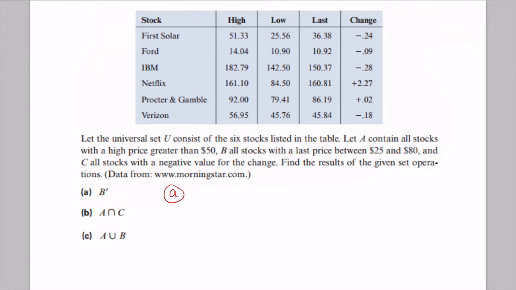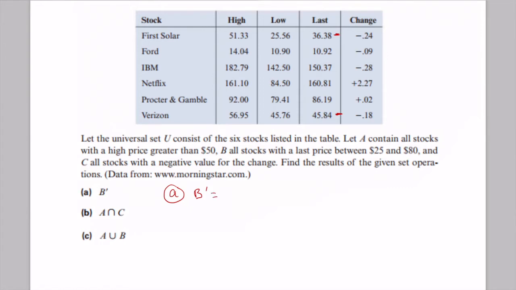B, so that's the one we want. B states all stocks with a last price between 25 and 80. So for B, last price between 25 and 80, that's going to be this one and this one. So First Solar and Verizon are the ones that apply. But we need B complement.